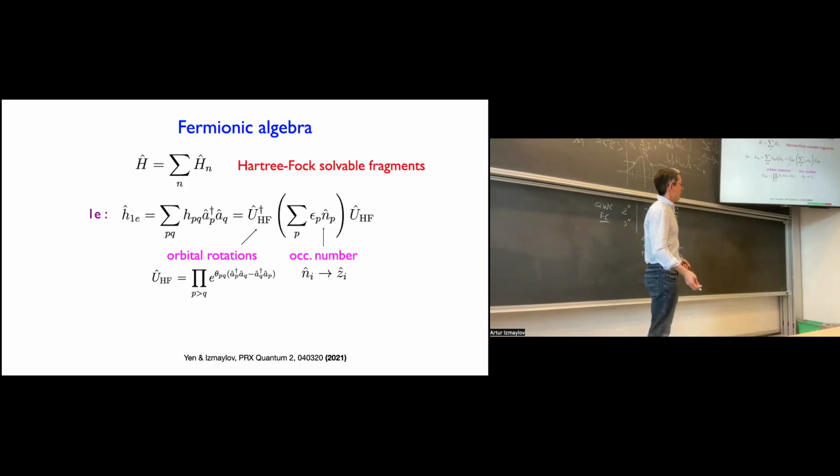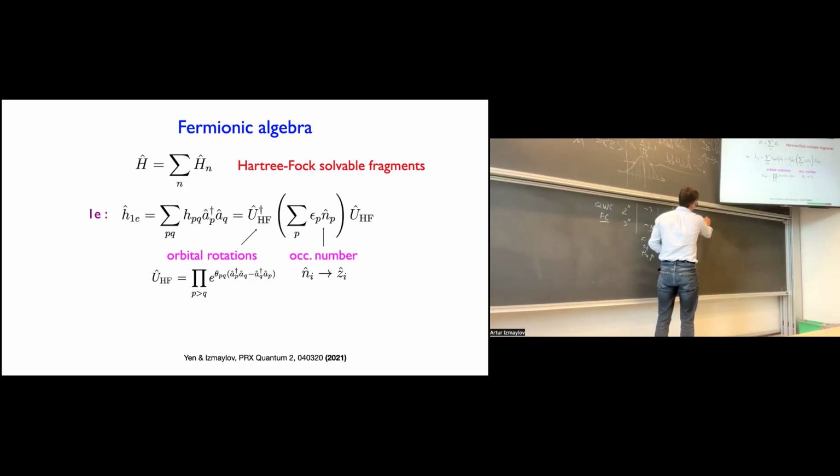The nice general statement that could be made is that whenever we have an algebra that contains some elements, and your Hamiltonian is a linear combination of these elements, then there is always a Lie group element that will diagonalize such a Hamiltonian.